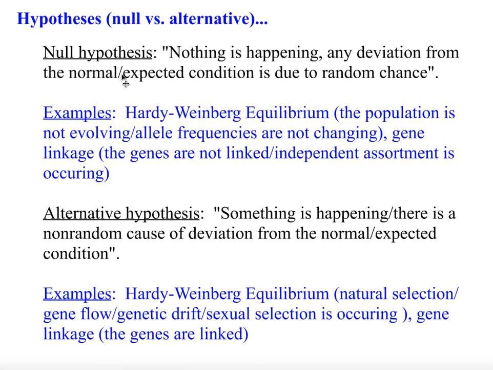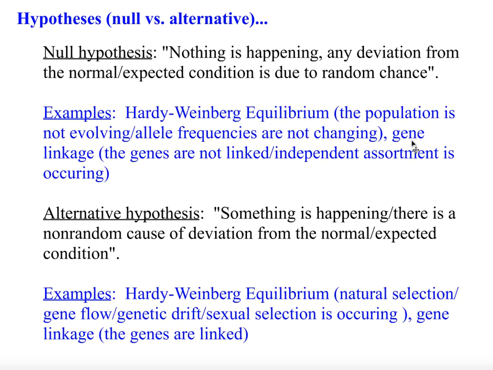This really factors in with chi-square analysis, where your null hypothesis is what I expect to see, and that's what's going on. So Hardy-Weinberg equilibrium is an example of a null hypothesis. The population is in Hardy-Weinberg equilibrium means the population is not evolving, allele frequencies are not changing. Nothing is happening. Any deviation from the normal condition is due to random chance.